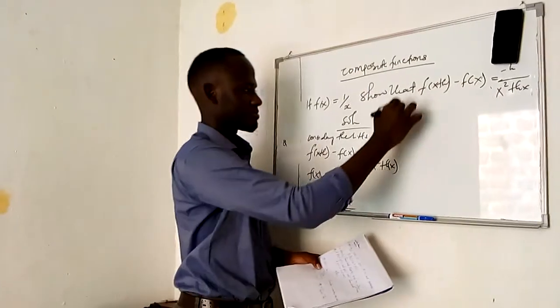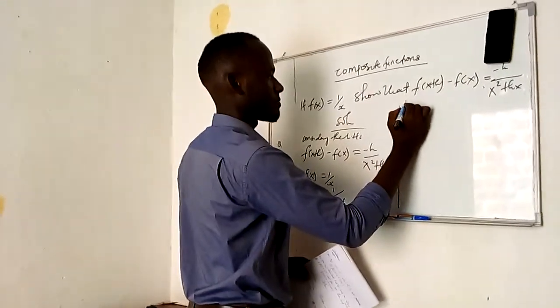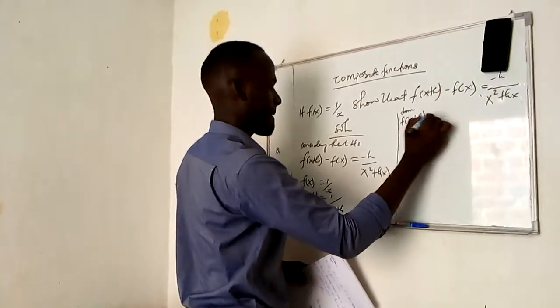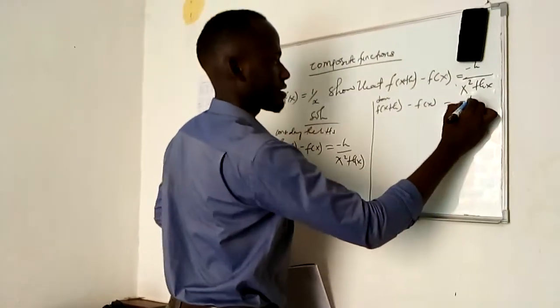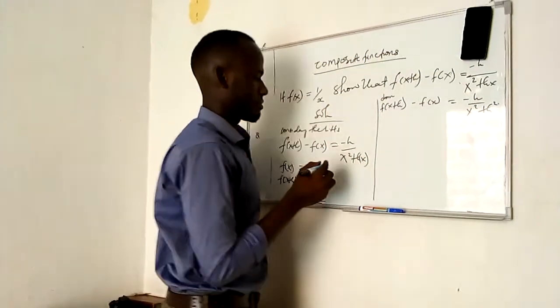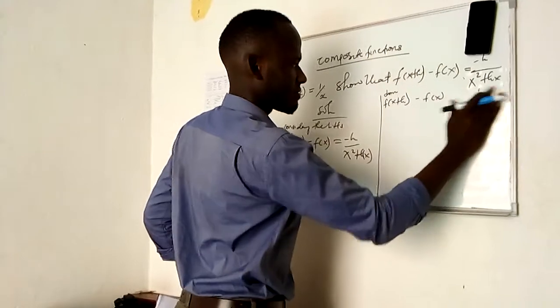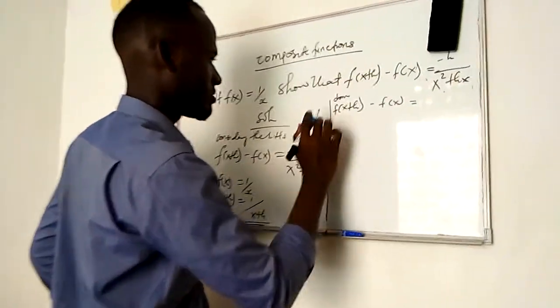That is covered, so we come here. From f(x plus h) minus f(x) is equal to negative h over x squared plus hx. You can neglect this for now. What is the value of this?